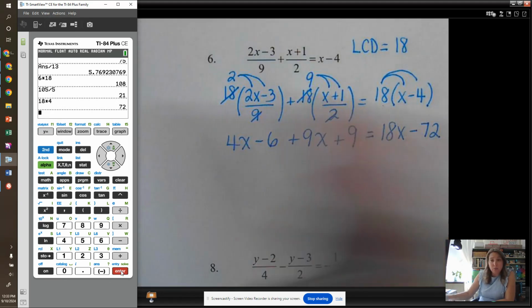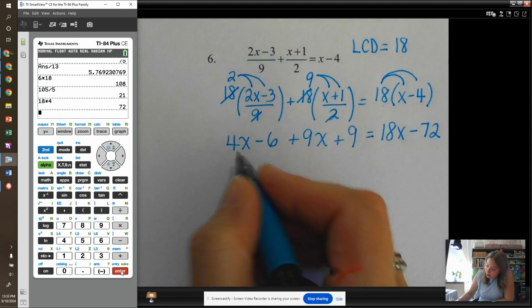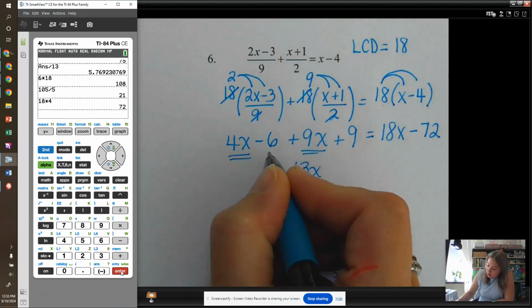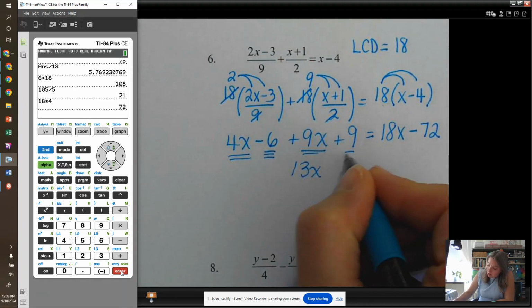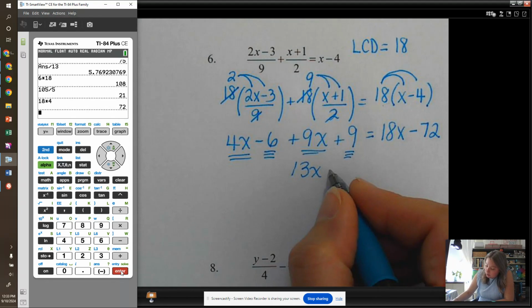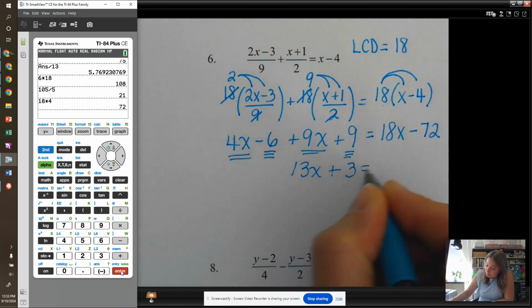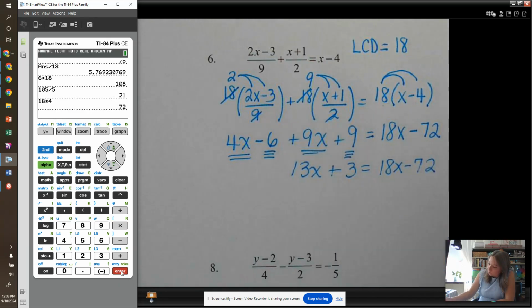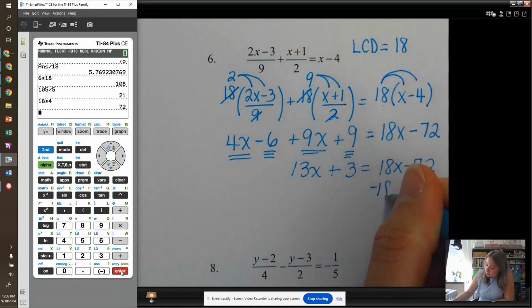But before I can deal with that on the right, let's combine all like terms on the left. So I end up with 13x, and let's see what this is. 9 minus 6 is positive 3. Let's move our 18x to be with our 13x on the left.